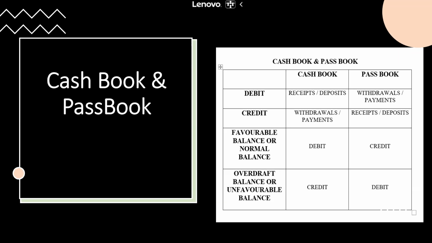So always remember that any receipt will increase the balance. Any payment will decrease the balance. Right? So in the cash book, any receipt will increase your balance, any payment will decrease your balance. Similar will be the case in the passbook. Receipt will increase the balance and payment will decrease the balance. Okay? So tomorrow we will look into the process of preparing the BRS.